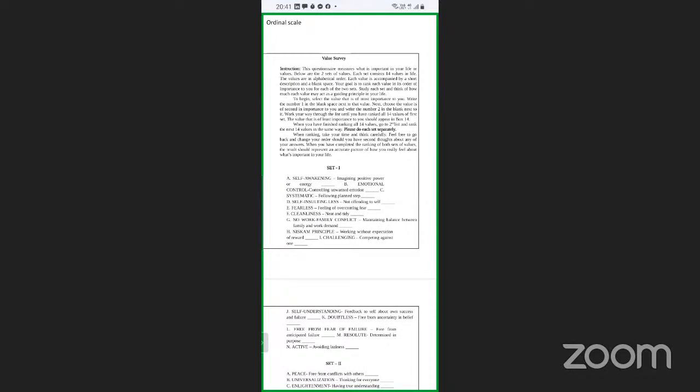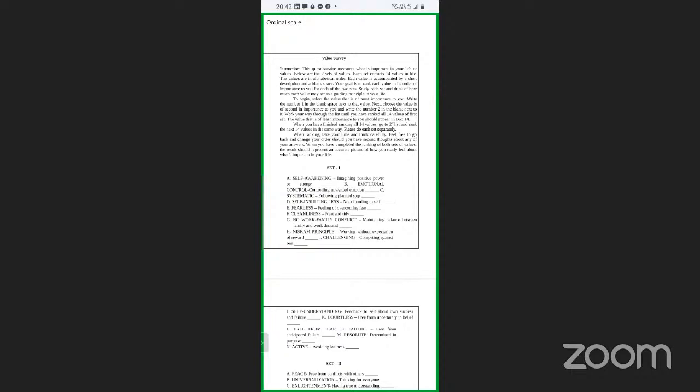Your goal is to rank each value in its order of importance to you for each of the two sets. Study each set and think of how much each value may act as a guiding principle in your life. To begin, select the value that is of most importance to you. Write the number 1 in the blank space next to that value.